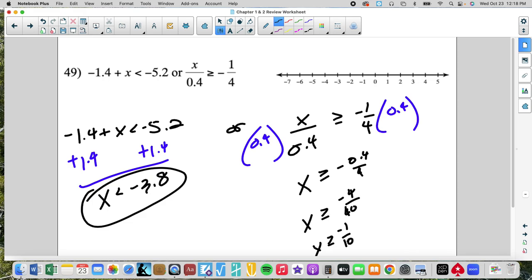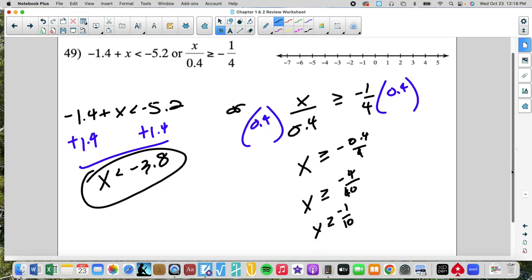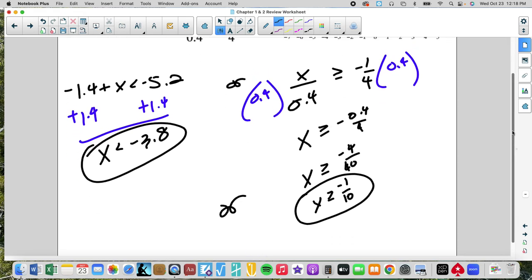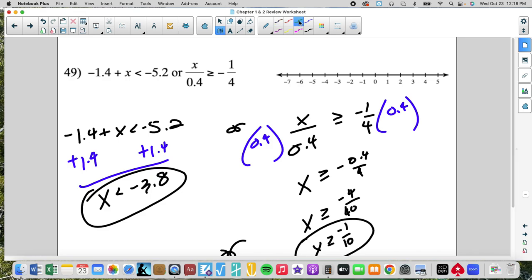Did I do that right? Negative 0.4 over 4, move it one place, you get 4 over 4. Yeah, that's good. And this is an or statement. So x is less than negative 3.8.